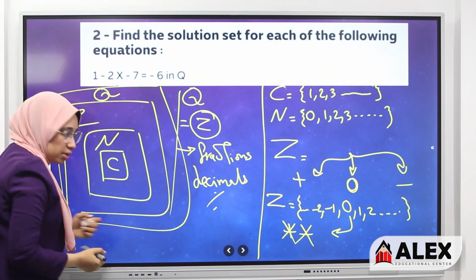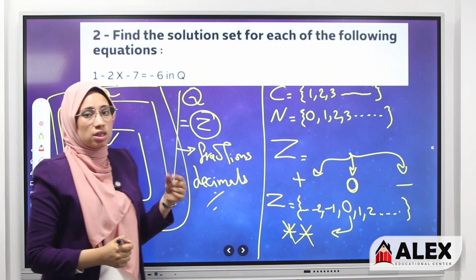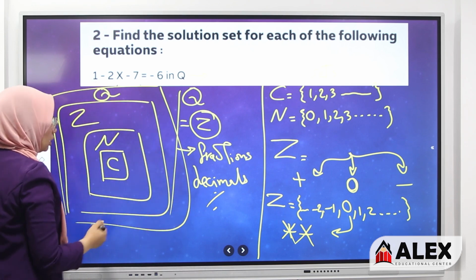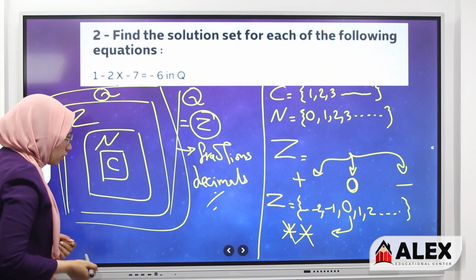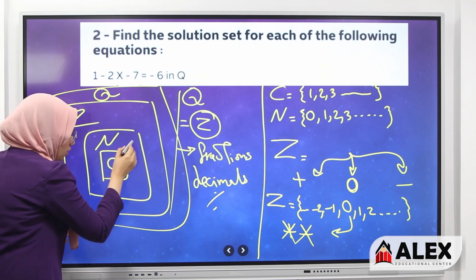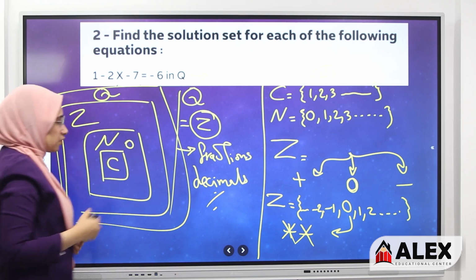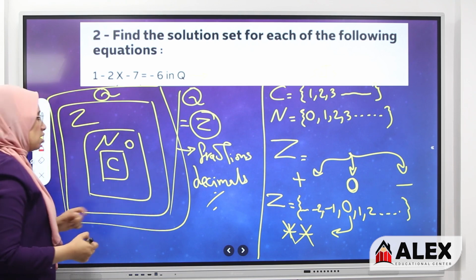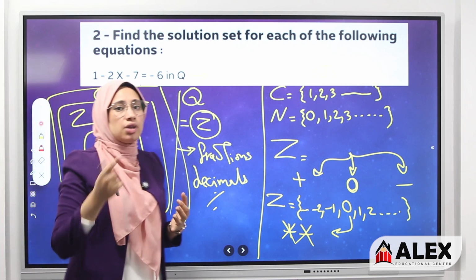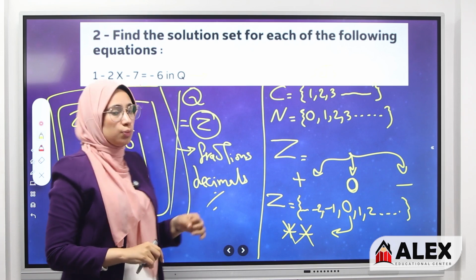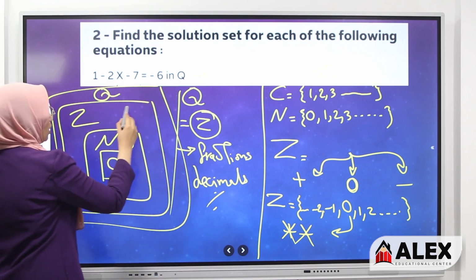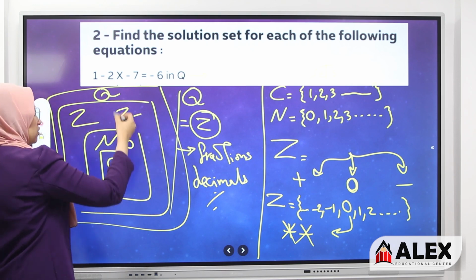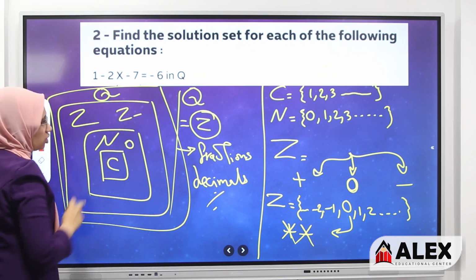The counting number is the smallest one, and we start with 1. Then the natural number is all of the counting numbers and we add what? 0. The integer number is all of the counting numbers and all of the natural numbers, but we put the negative integer numbers: negative integers, 0 and counting numbers.